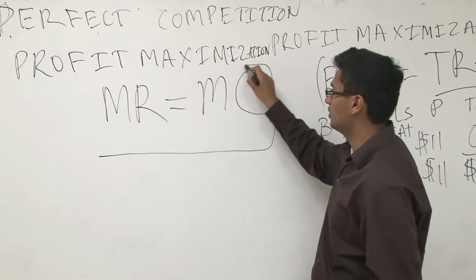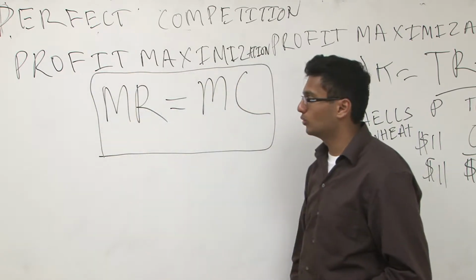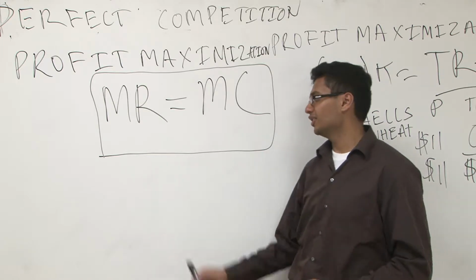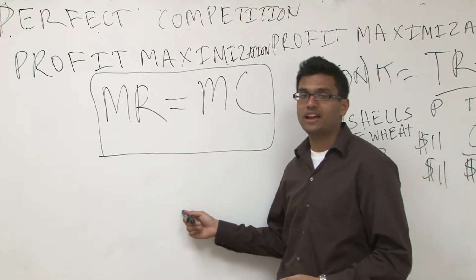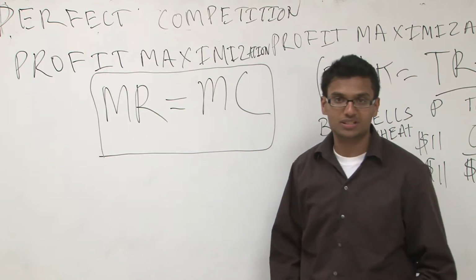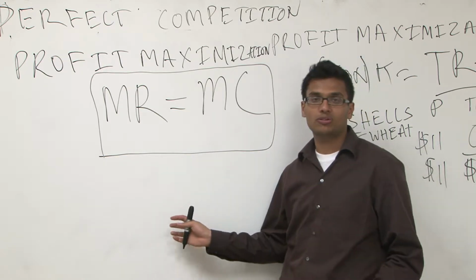This is the most important rule when it comes to perfect competition. Know this, memorize it, sleep with it. If I wake you up in your sleep, you better know MR equals MC, okay? Because this is the most important rule, okay?